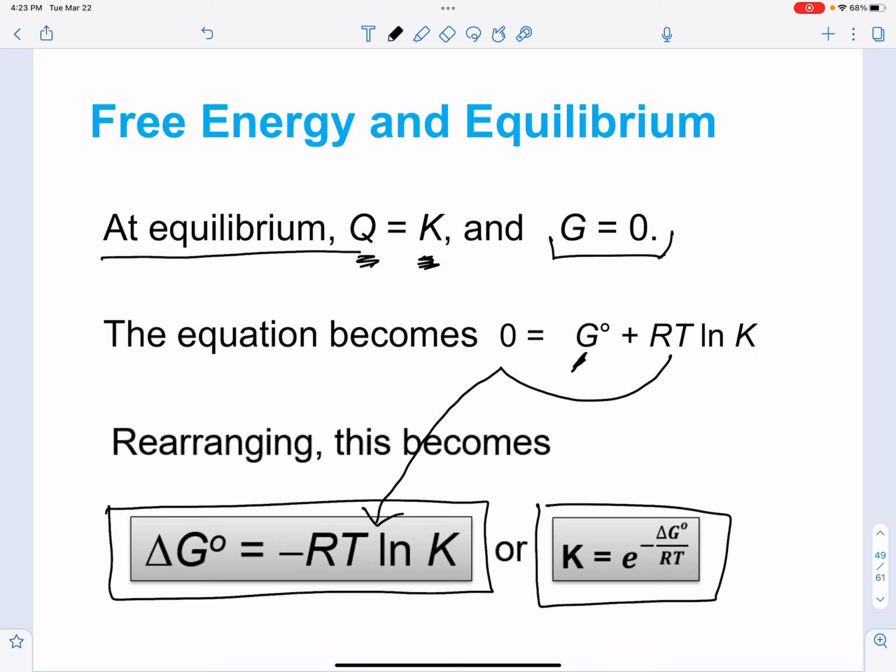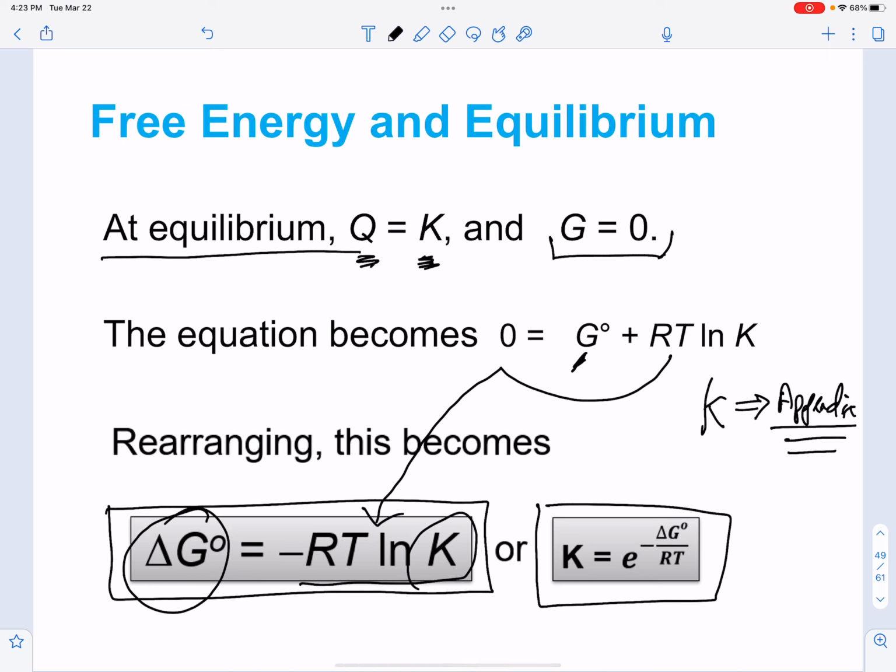So basically, you can also find the equilibrium constant using the appendix. All those thermodynamic values on the appendix are now allowing us to find the equilibrium constant indirectly. Find the delta G, and then you can solve for the equilibrium constant.